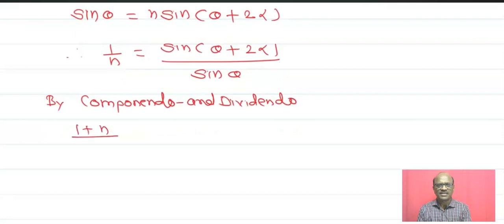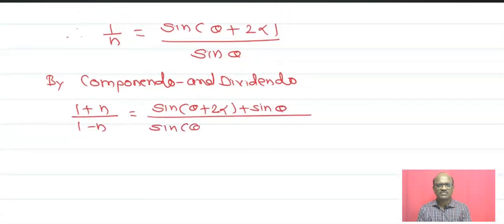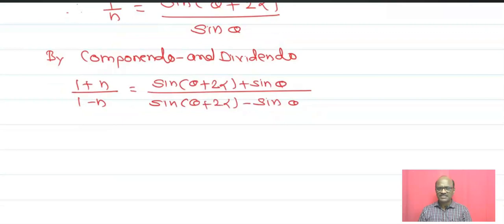1 plus n upon 1 minus n is equal to sine of theta plus 2 alpha plus sine theta upon sine of theta plus 2 alpha minus sine theta. Now expand this.